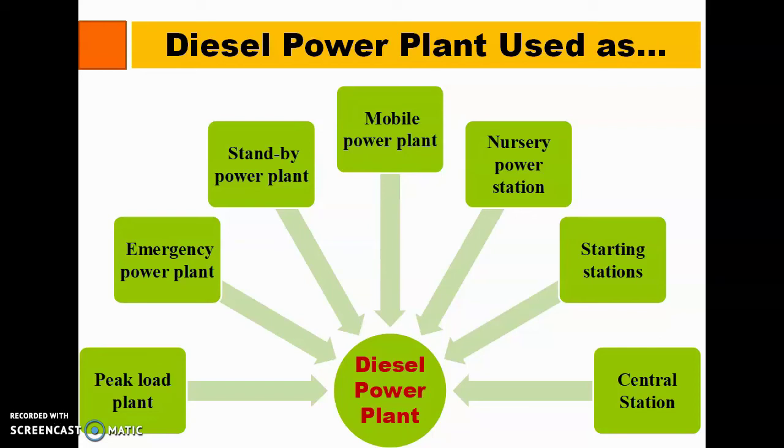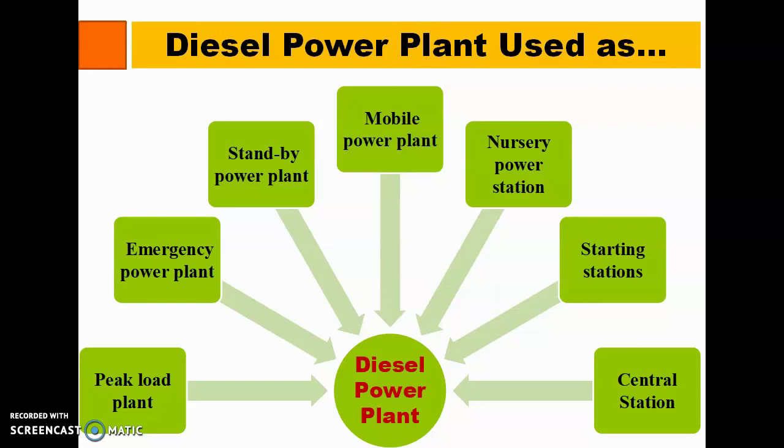Emergency plant means where the power supply is cut, then it can be used for emergency and temporary purposes. Then it can be used as a standby power plant. Standby means it can be used as a backup power plant, where the main power plant fails to operate.